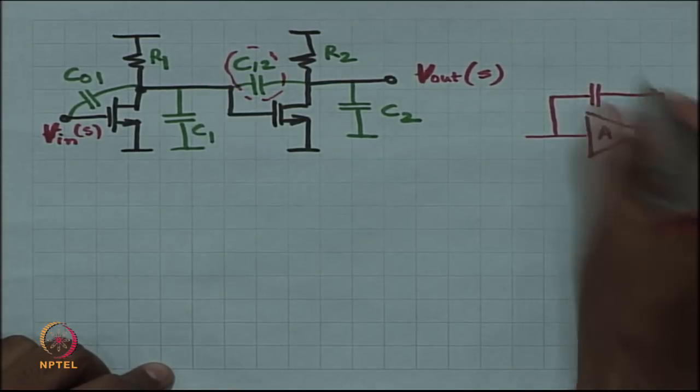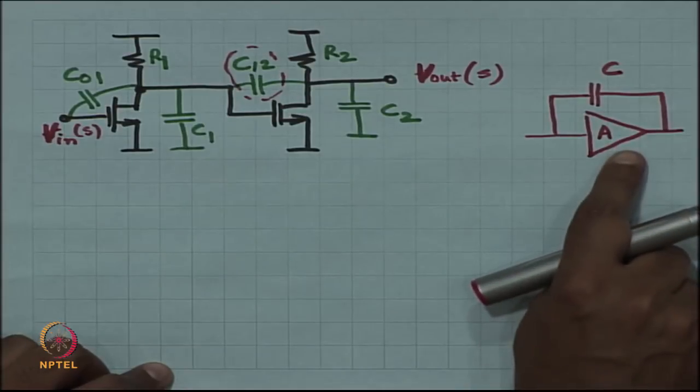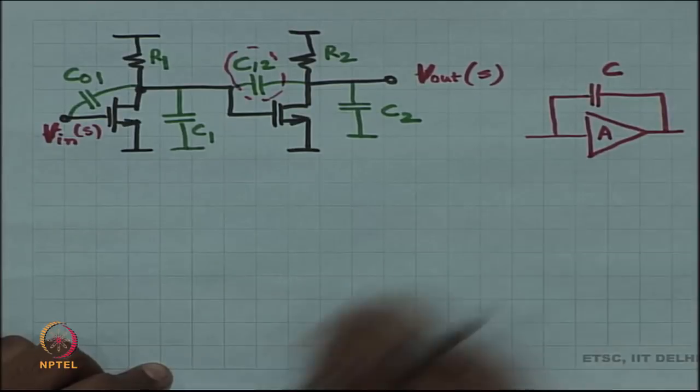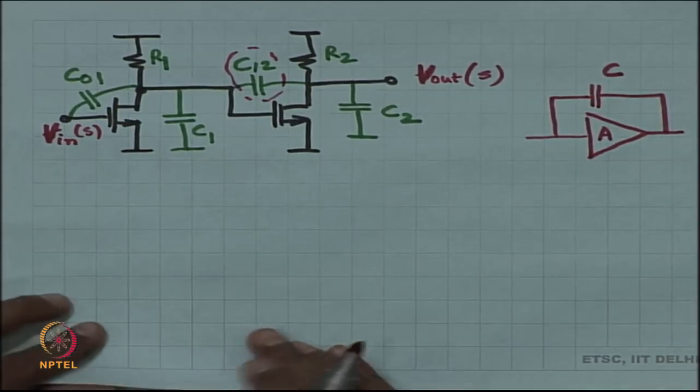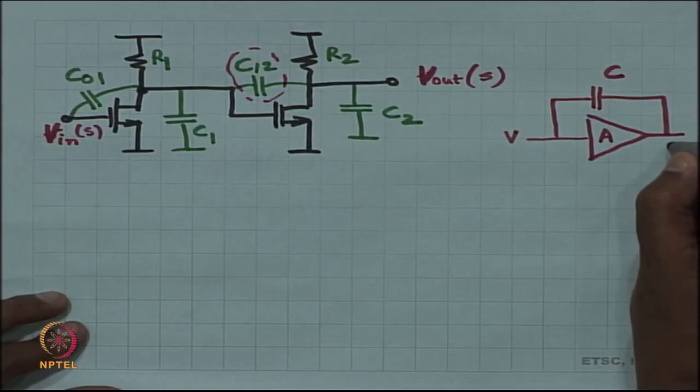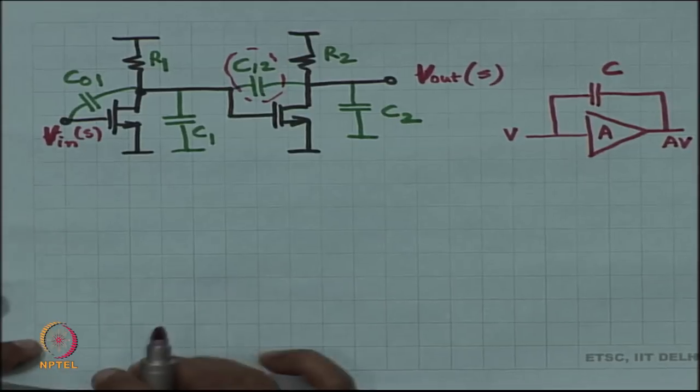So, Miller's theorem said that if I have an amplifier A, across the amplifier there is a capacitor C. If I apply a voltage V over here, then the voltage at the output is A times V. Okay.